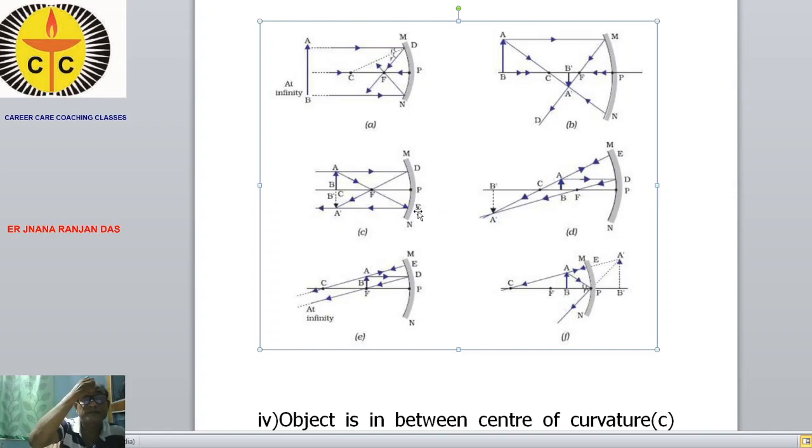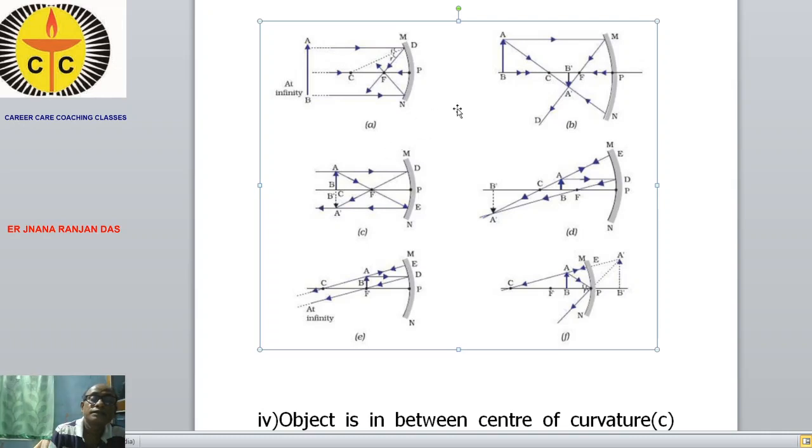Similarly, if the object is placed at the center of curvature, consider an incident ray passing through the focus, and another incident ray coming parallel like this. The two reflected rays intersect here at A dash and B dash. So the image size is exactly equal to the object size, and the object distance is equal to the image distance.